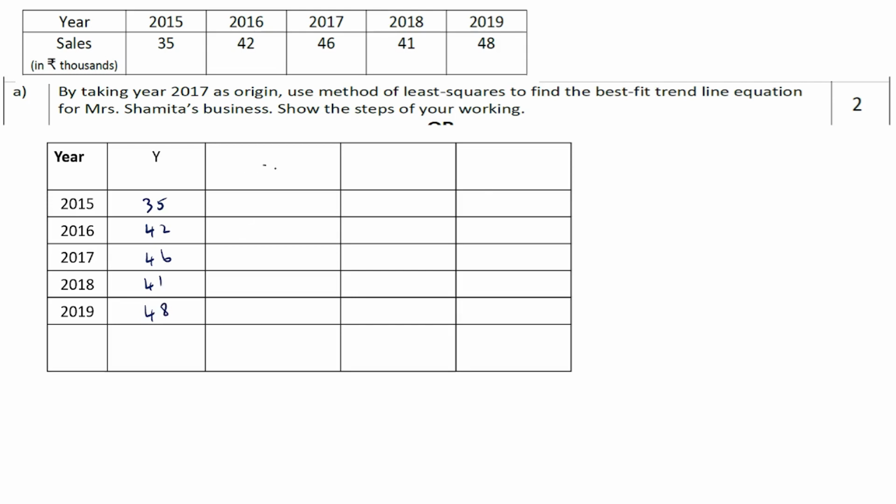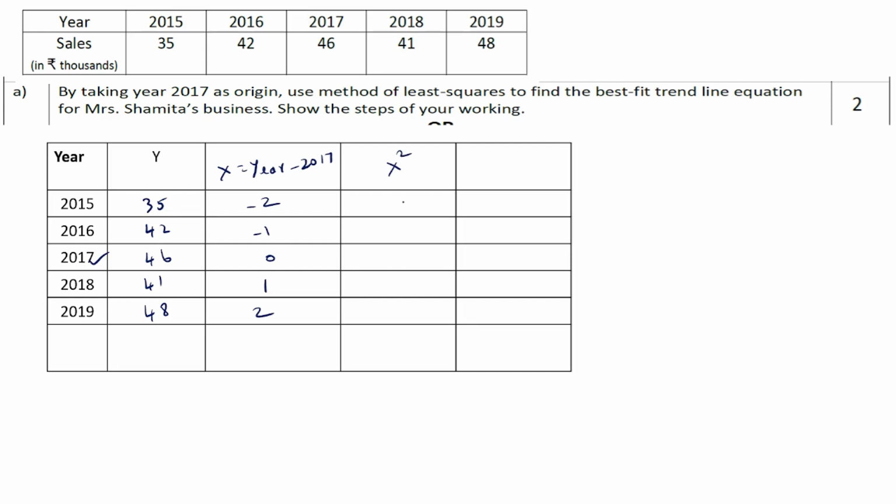And then we have x. Here we take 2017 as the origin. So x is nothing but year minus 2017. So here it is 0. Here minus 1, 2016 minus 2017 is minus 1, 2015 minus 2017 minus 2. Then here 1 and then 2.